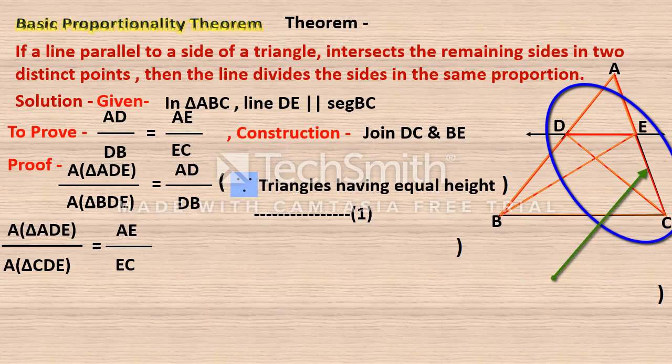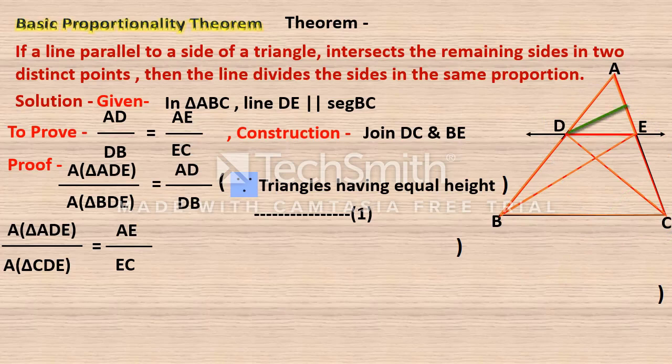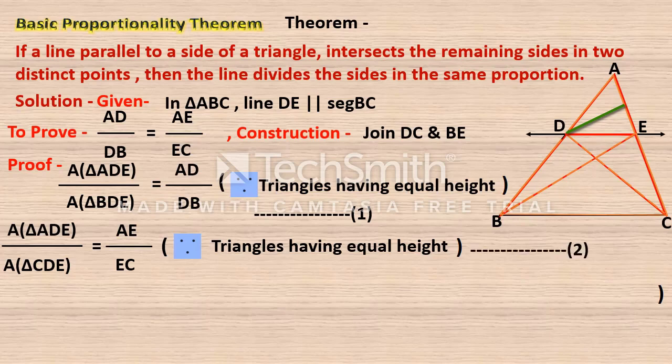Triangles' areas are proportional to their bases because the height is equal, and that property we can use here. We write the reason: triangles having equal height, that height from D being equal. That is equation 2.